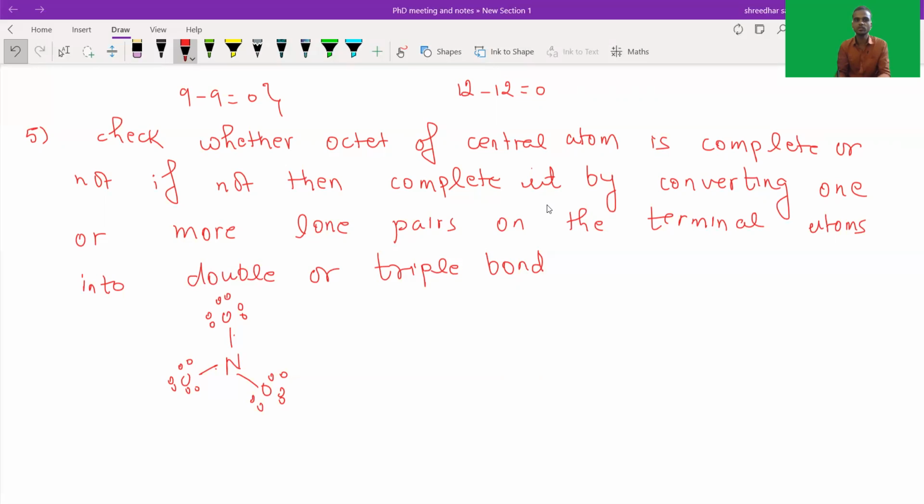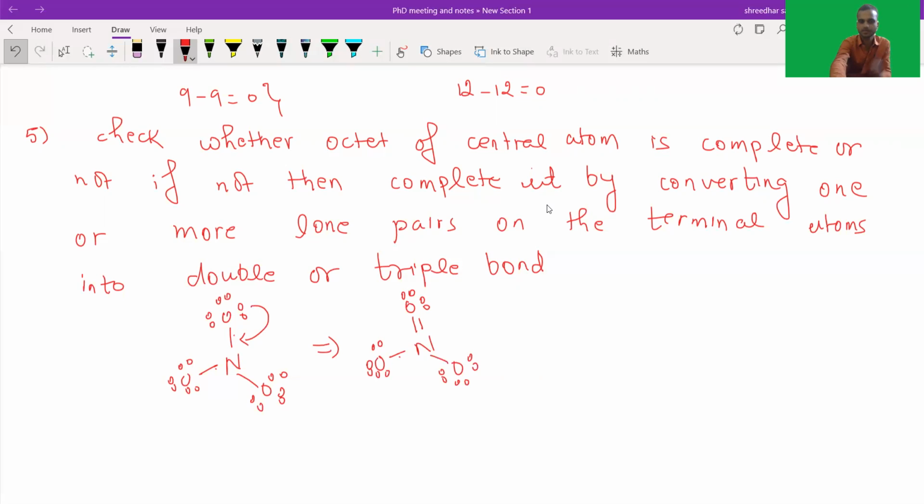So I will convert one lone pair on this oxygen into a double bond. Now the octet of nitrogen is complete. You can see 4 electrons over here, 2 over here and 2 over here, it becomes 8.